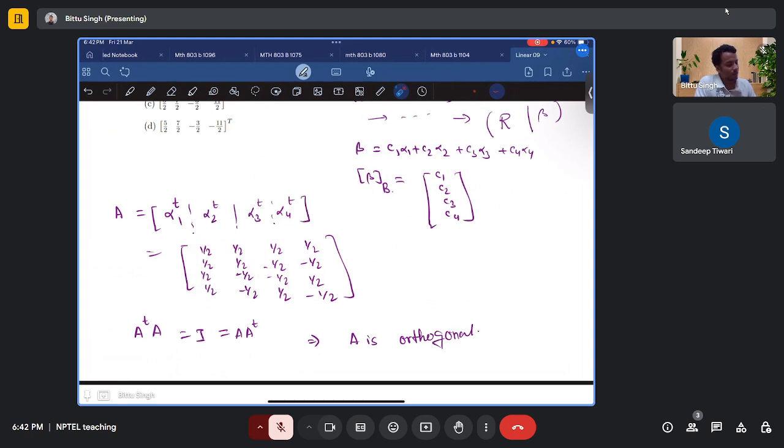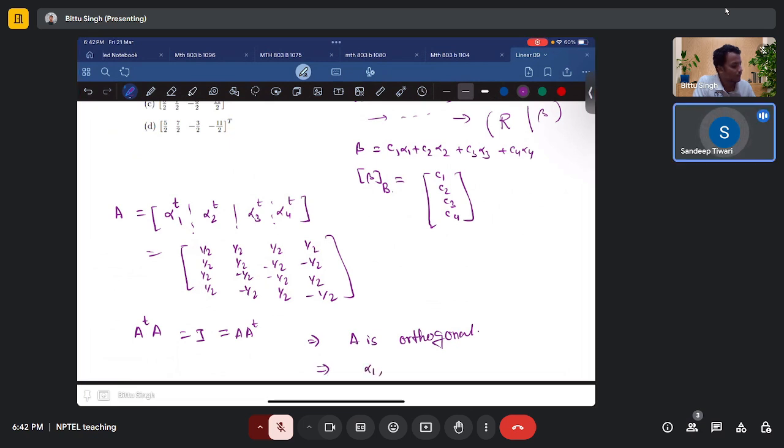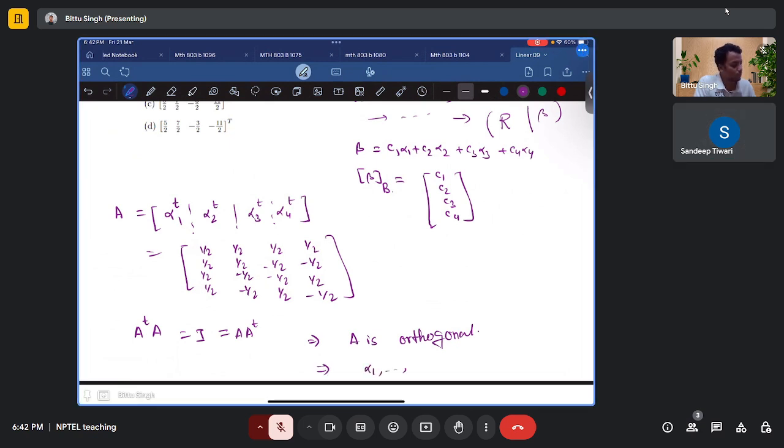So A is orthogonal, and actually it is orthonormal, because the norms of those things are actually 1. From here we conclude those alpha 1 up to alpha n, here alpha 4, is an orthonormal basis.